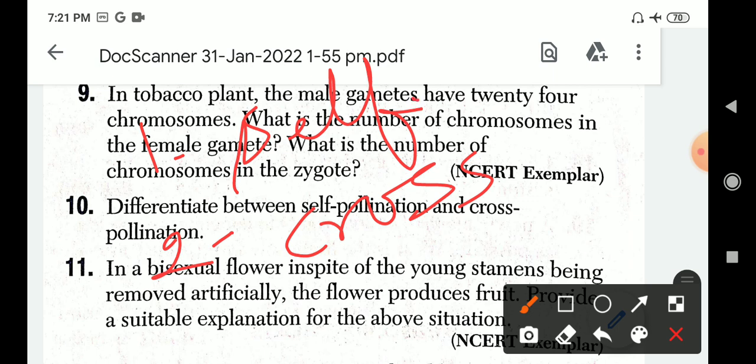In self pollination, we all know, there is transfer of pollen from the stamen of a flower to the stigma of the same flower, or to the stigma of another flower but of the same plant.